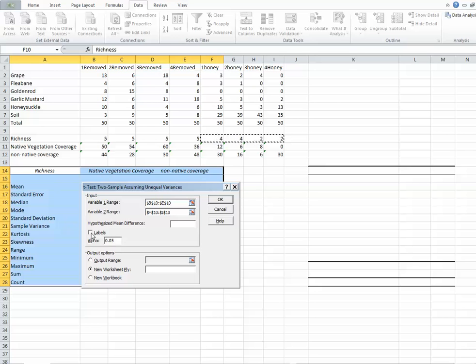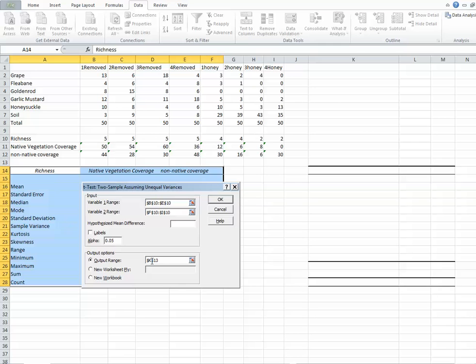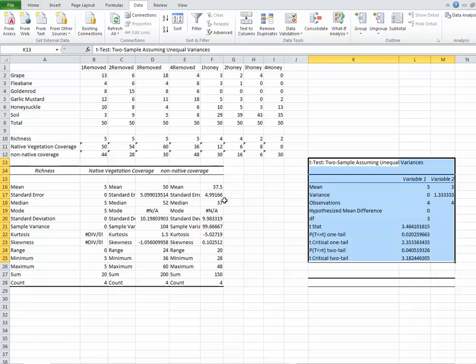There are no labels here that we've dragged over. We'll give it an output range so it'll show up on our screen. We'll put it right here. All right, we're all set. We'll hit OK. And here we go.